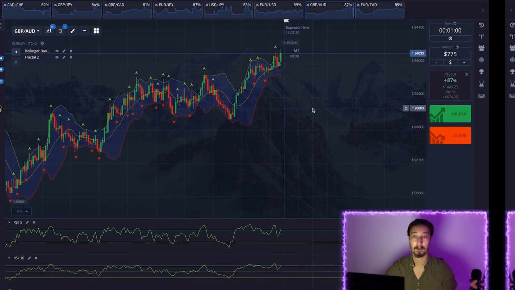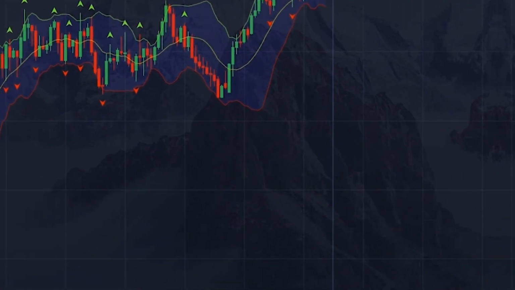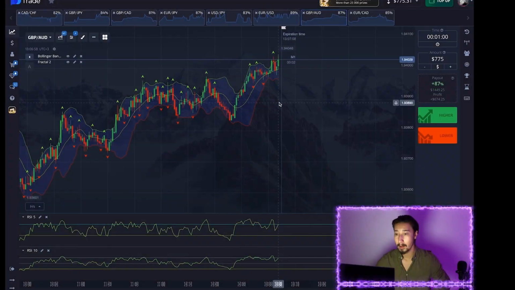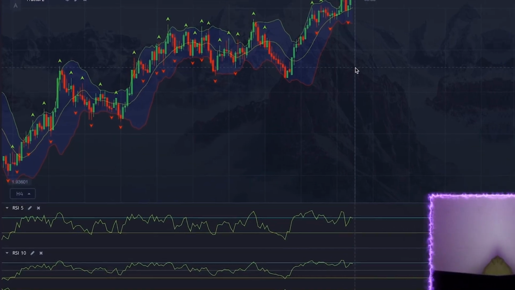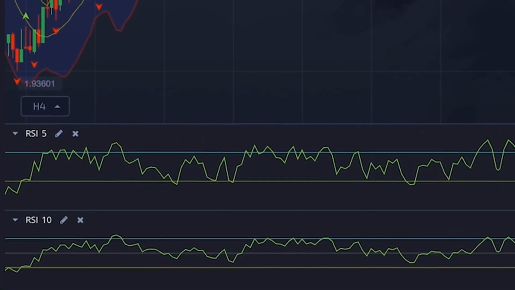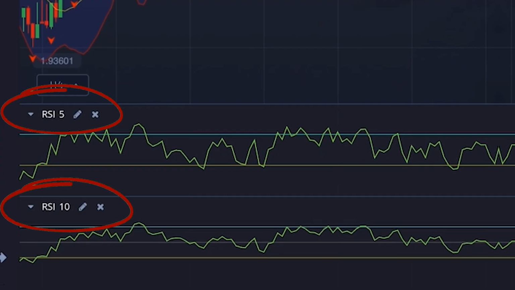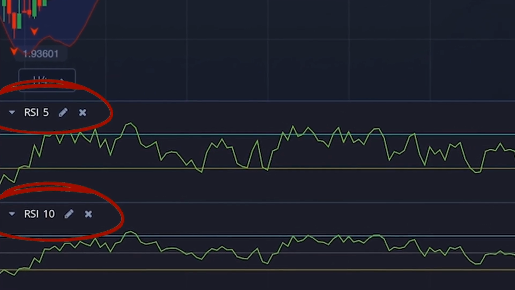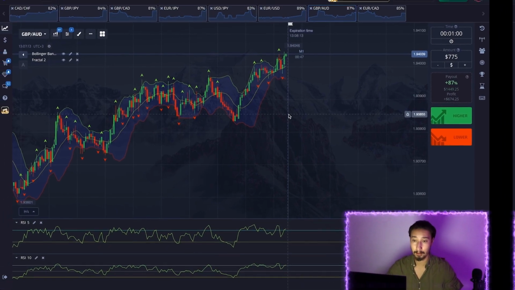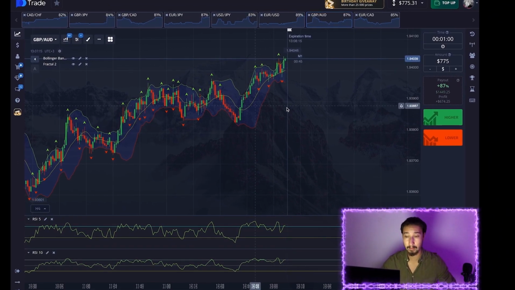This is going to be Bollinger Bands with a period of 13 and deviation of 2, fractal again with default settings for this broker, and 2 RSI oscillators, not CCI. The first we will have with a period of 5, and the second with a period of 10. The overbought and oversold areas we leave as the default 70 and 30.